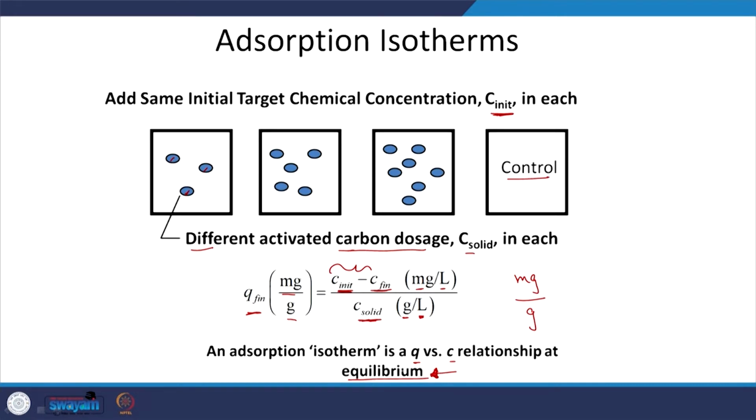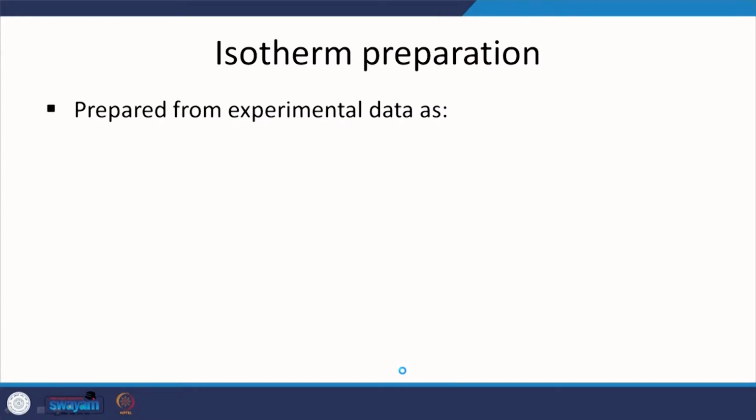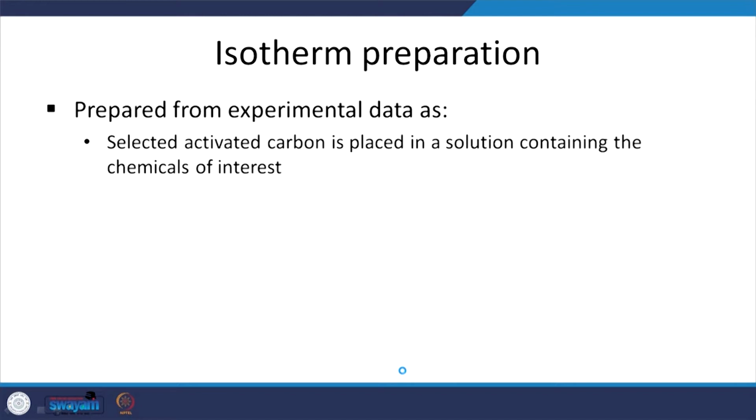Equilibrium is a state when the system has gone to the furthest extent possible, or has been allowed to reach the furthest extent possible at the given temperature and pressure. So it gives you an idea about how far the system can travel, in layman's terms, right? So isotherm preparation, we will look at one particular set of data later, prepared from experimental data obviously.